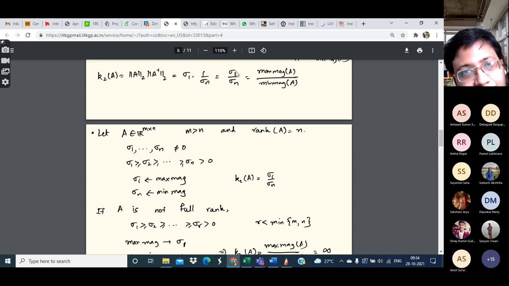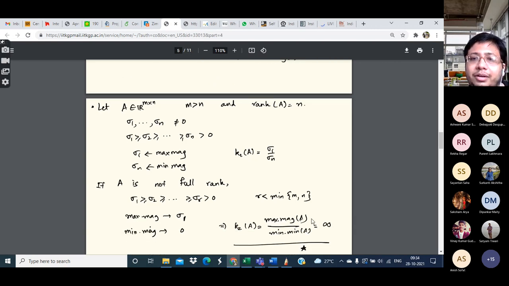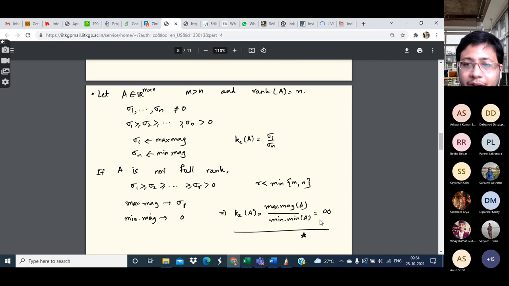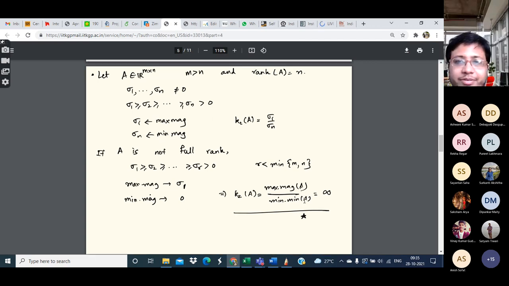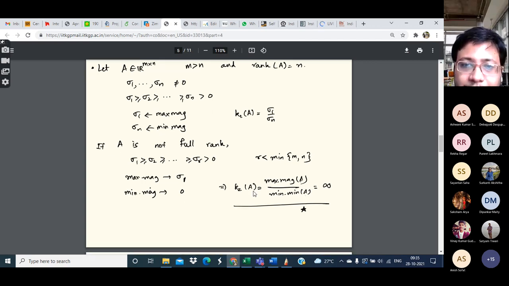Okay, so then this condition number becomes sigma 1 by 0, which is strictly speaking undefined. So we say that this is an extreme case of an ill-conditioned matrix. In such cases we say that the condition number of the matrix is infinite.